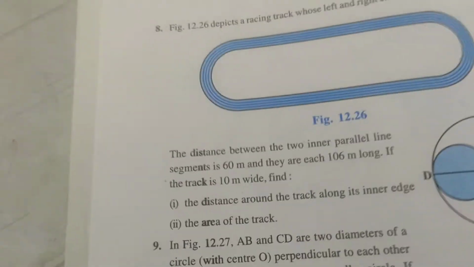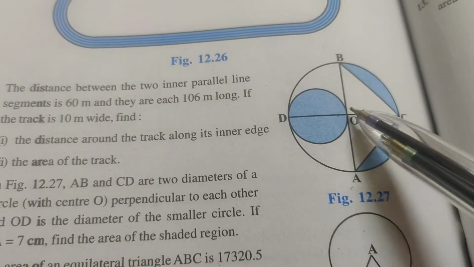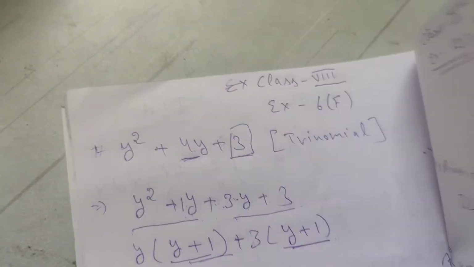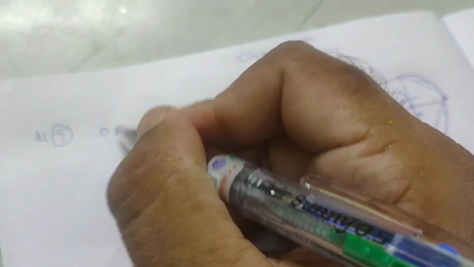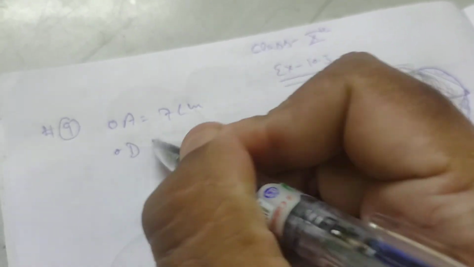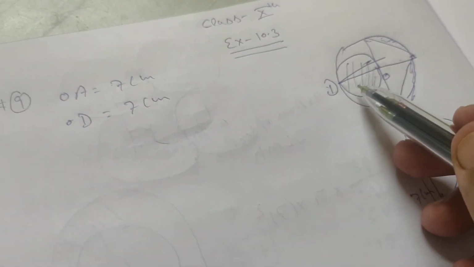He's saying OA is equal to 7 centimeter, which means OD is also equal to 7 centimeter. If OA is 7 centimeter, then OD is also 7 centimeter.